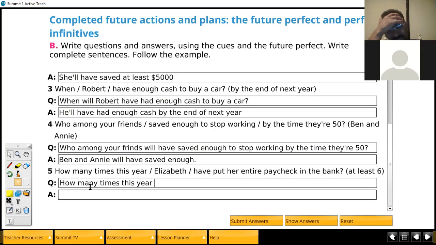I think it sounds better to say how many times this year will Elizabeth, no? Because remember that when you make the question first, you use the question word and then the subject. Will Elizabeth have?